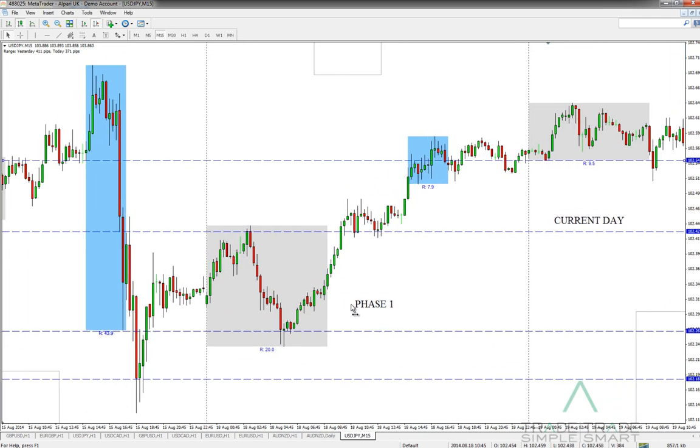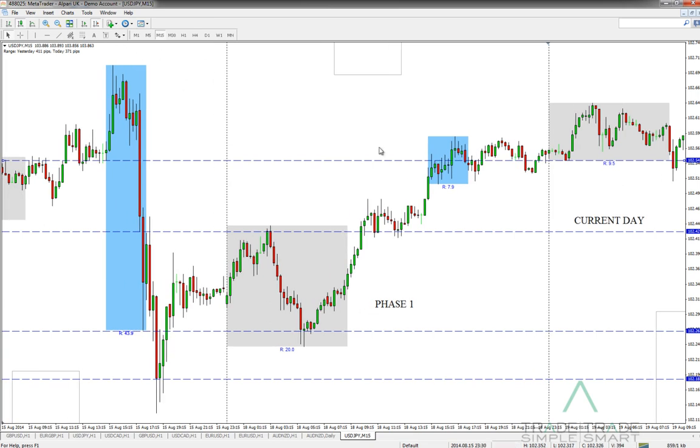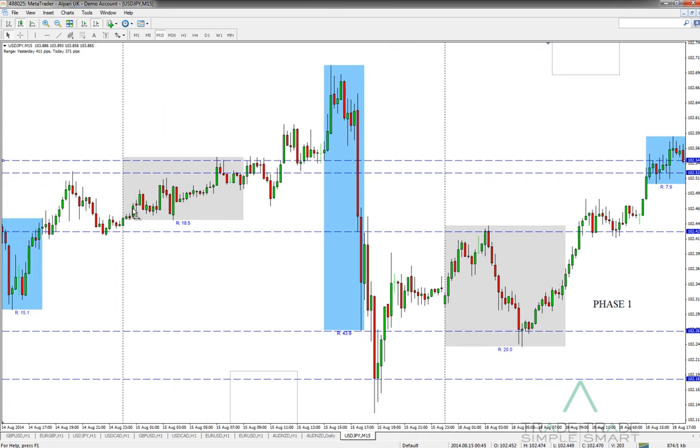Now, one thing I do want to quickly cover is, in this example, we have the lows of the Japanese session, but just below the level we have a level of support here. And if we were to scroll back, we can see that this also acted as a level of support and resistance.